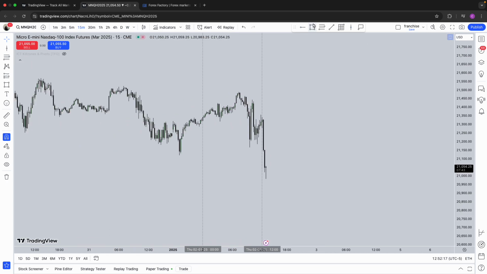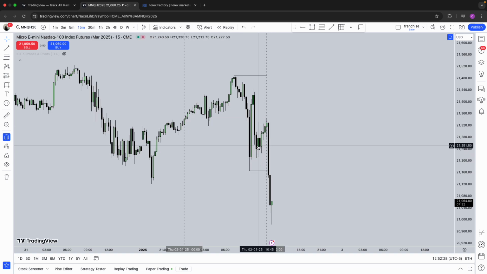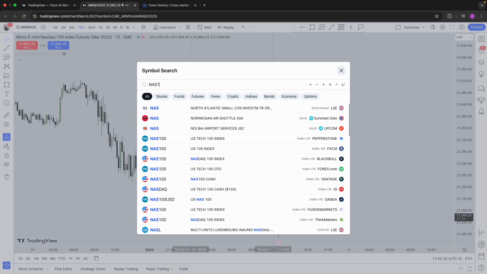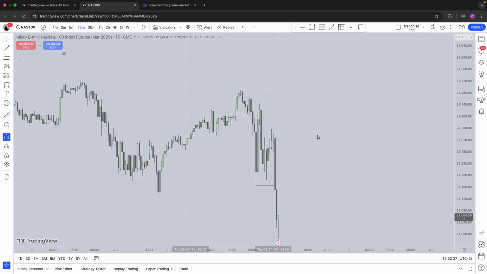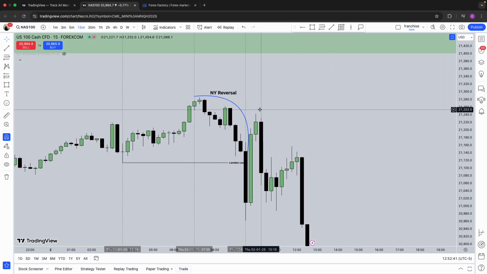As you can see, high of day and low of day was never touched post 10, so we did have a swing 2Z. Now, what I wanted to cover was technically we did have a New York reversal. Reason being is we at 7 o'clock made high of day, taking out London high, and we then took out London low.